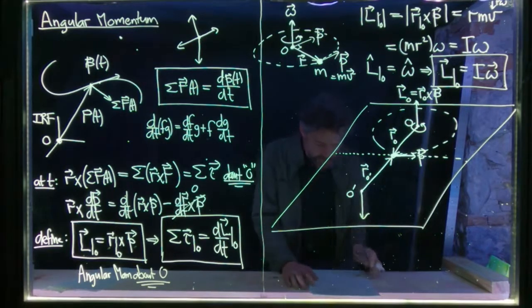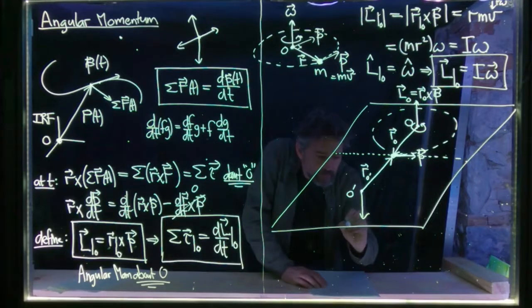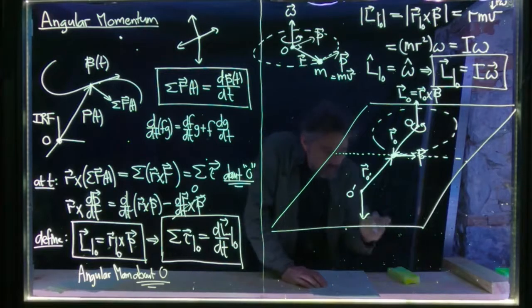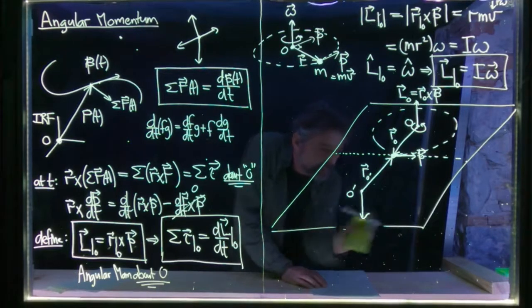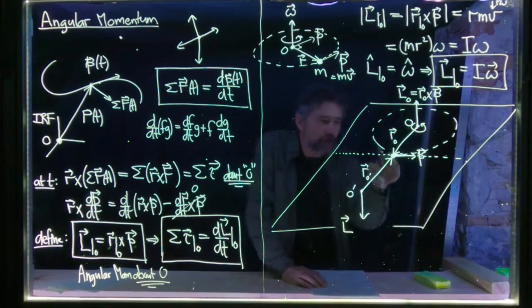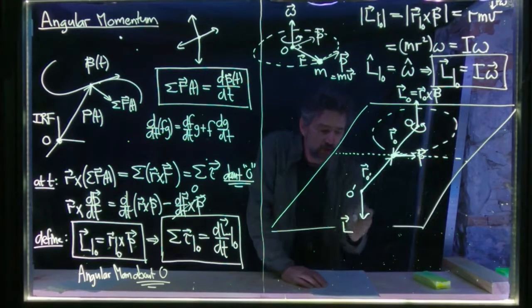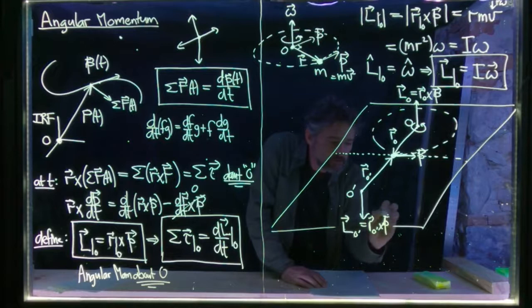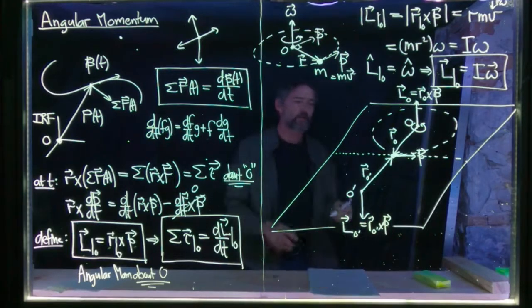So this here is the angular momentum of that object in linear motion about the point O prime, which is r O prime cross p. And it's in the completely opposite direction.